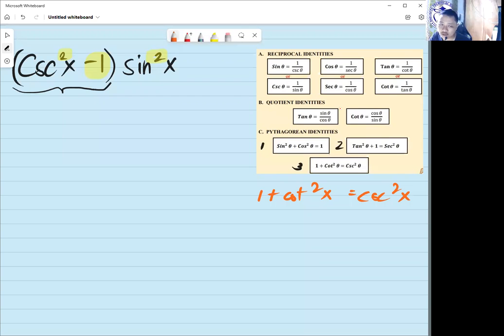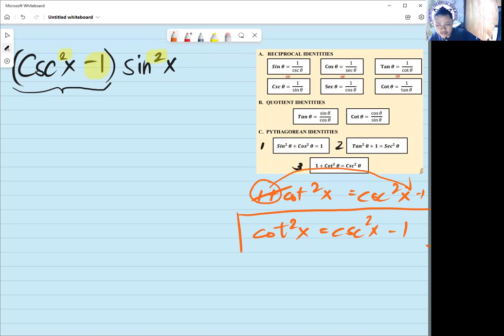Now, treat it like you are solving an equation. When you transpose 1 to the other side, it becomes minus 1. So therefore, you will end up with cotangent squared x is also the same as cosecant squared x minus 1. Therefore, we can make use of this newly formed identity for this expression.